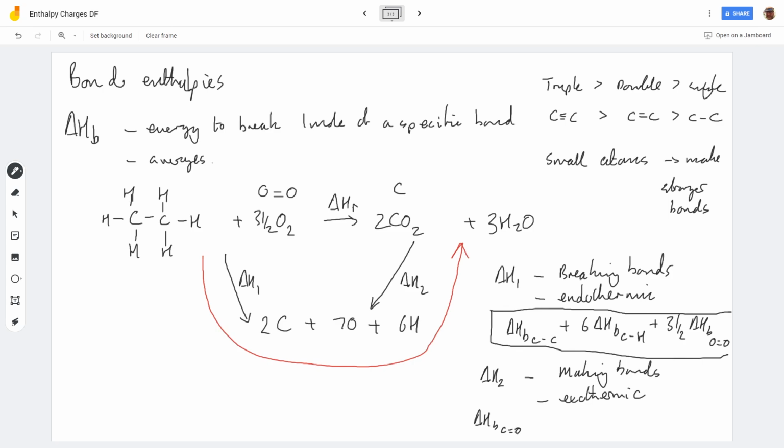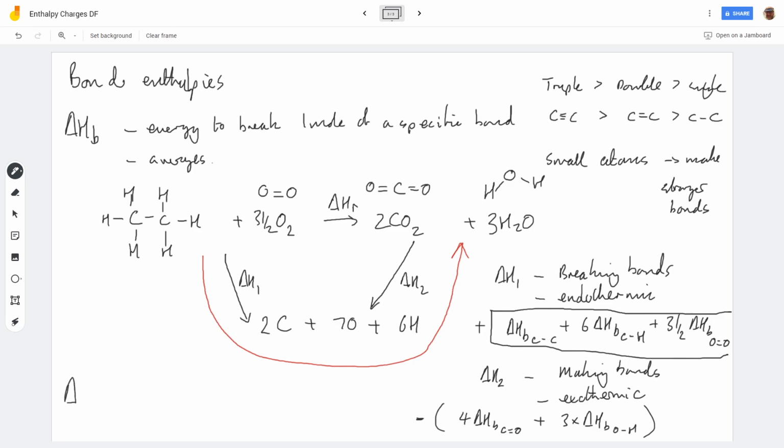So we need to know that CO2 is this molecule here. So we've got 2 of them. We've actually got 4 of those bonds, plus water, which of course is a bent molecule, like that. So we've got 3 times delta H B. So it's those added together, and this will be negative, and this one here will be positive, and you add them together to get delta H R.